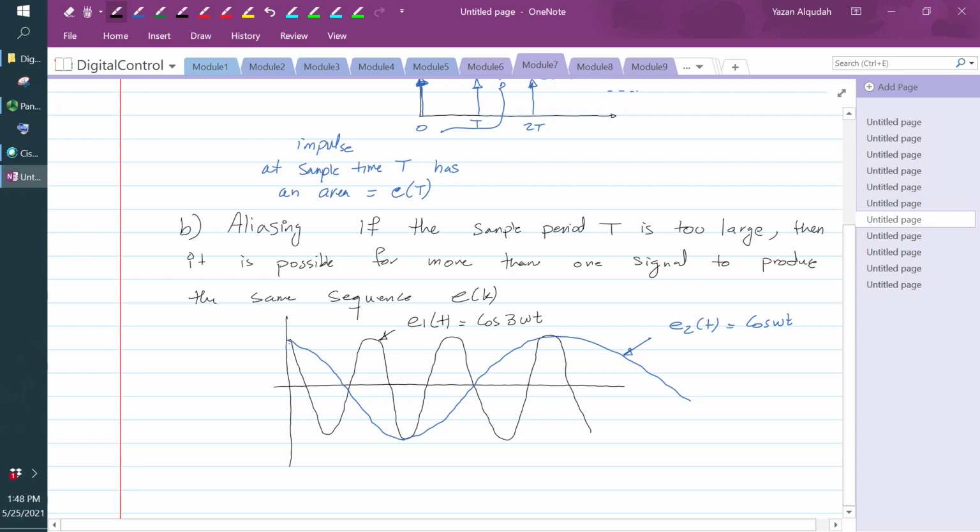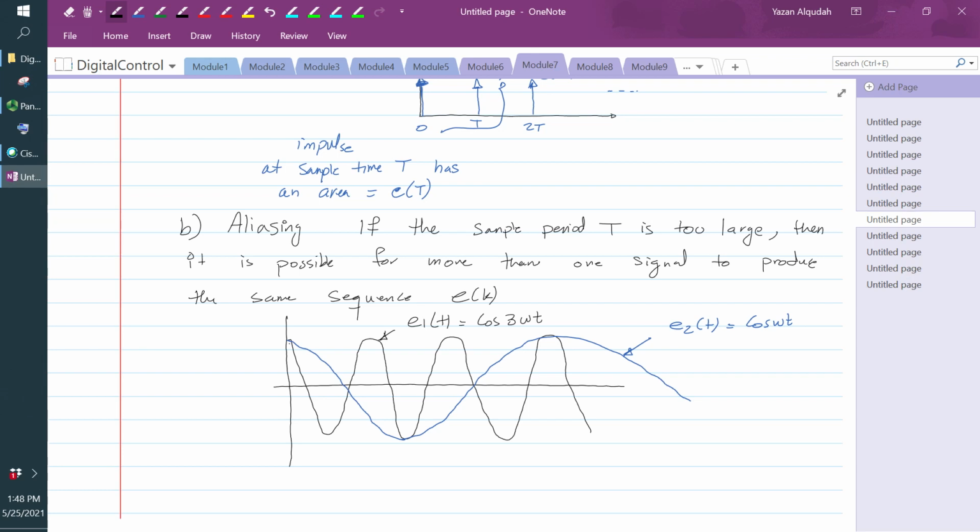So one period of one corresponds to 3 periods of the other signal. So these are the two signals: e1 of t is a high frequency signal with a frequency of 3 multiplied by omega, and the second one, e2, is just omega.